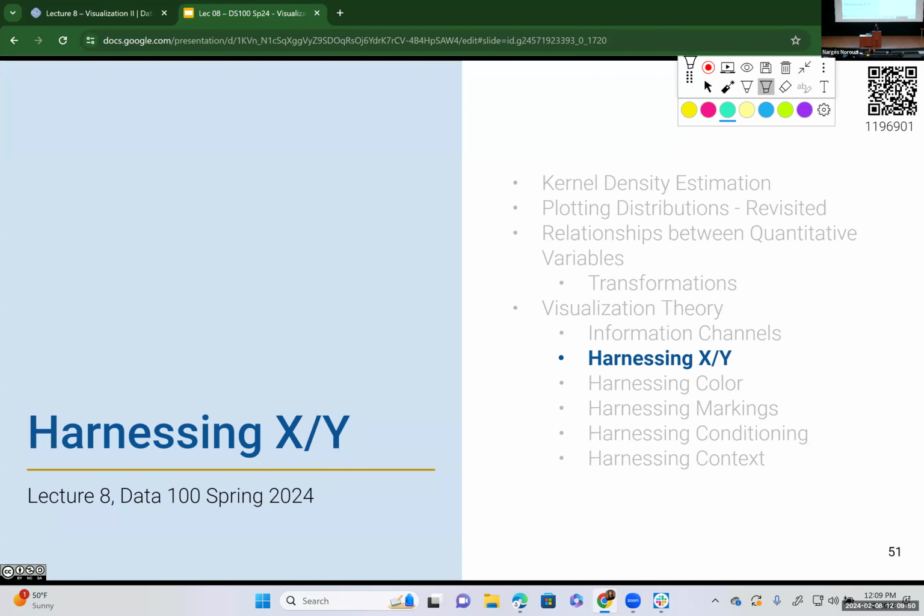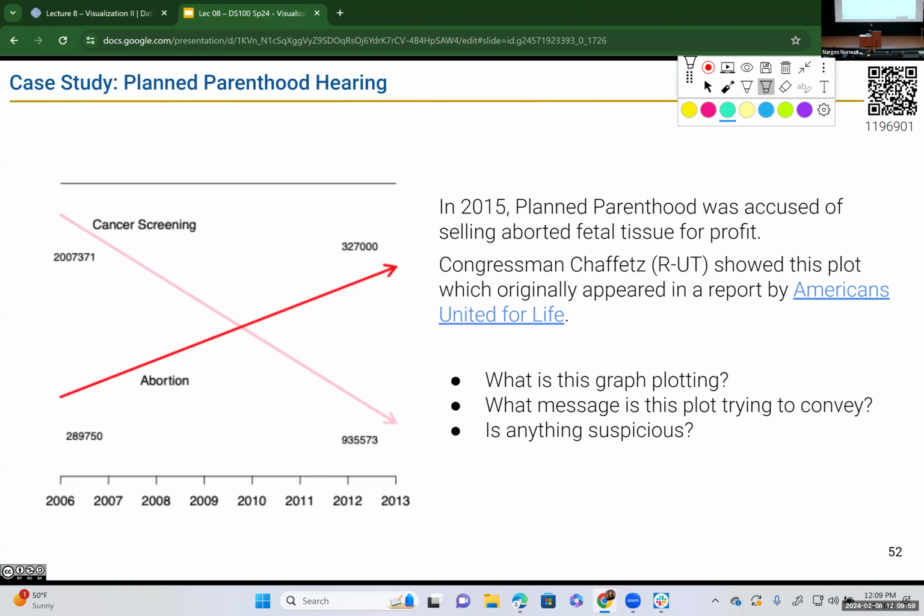Now let's take a look at how we can make sure that the axes, X and Y, are properly used. This is an example from 2015 from Planned Parenthood, where Planned Parenthood was accused of selling aborted fetal tissue.